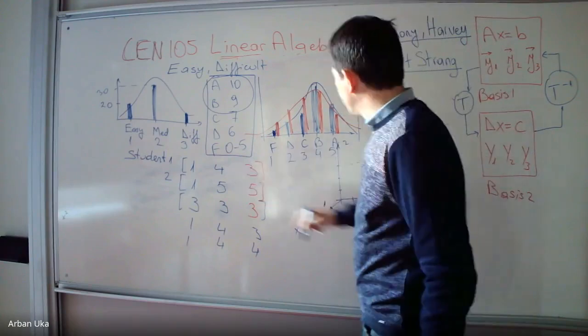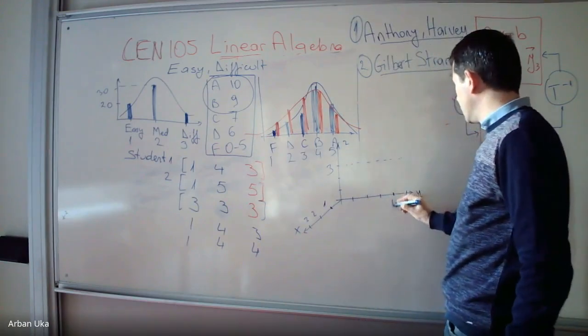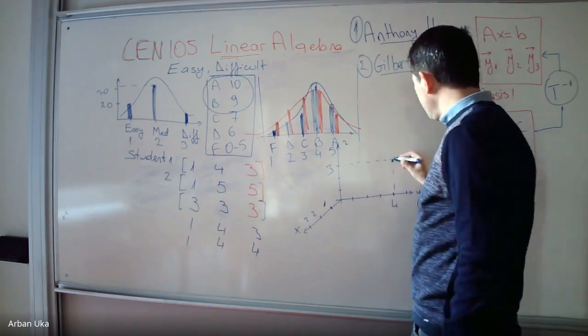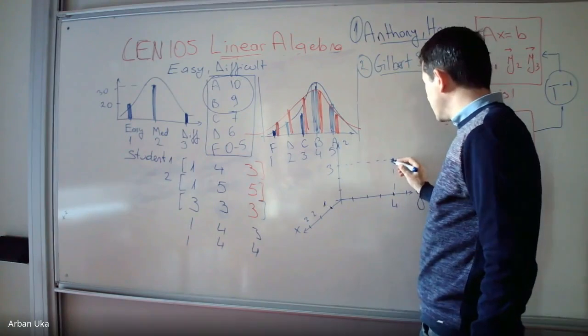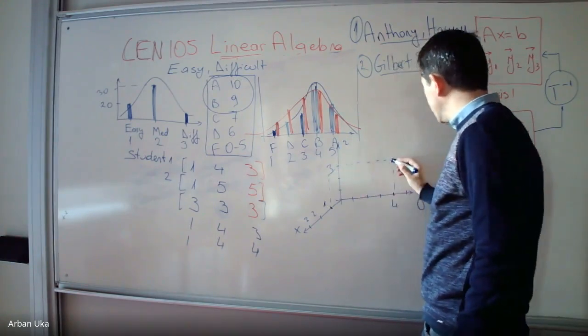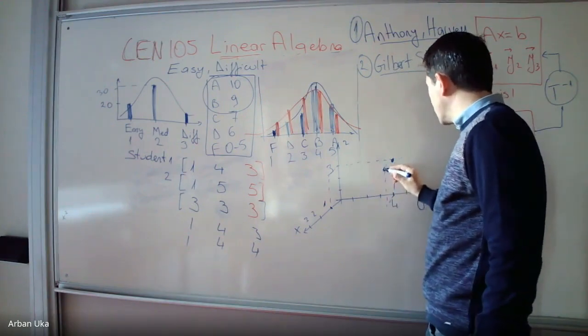So the first student is 1, 4, 3. Okay. This is a 3D graph. It's slightly difficult to do a very good job to show this here, but this is going to be somewhere here. So we get this data point.